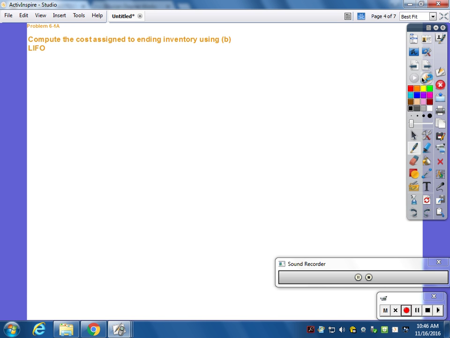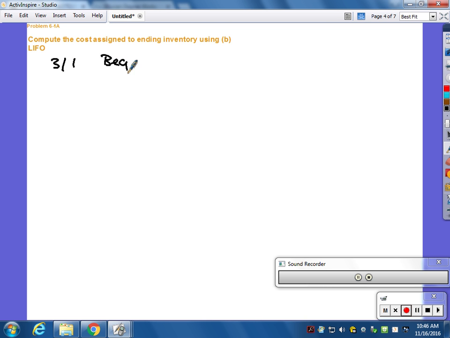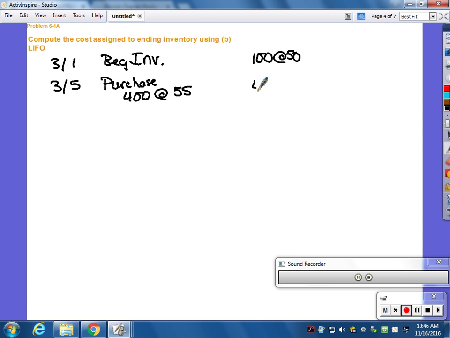So with LIFO, we're doing the same thing. 3-1, which was beginning inventory, which was the 100 units at 50. March 5th, you had a purchase, right? 400 units at 55.